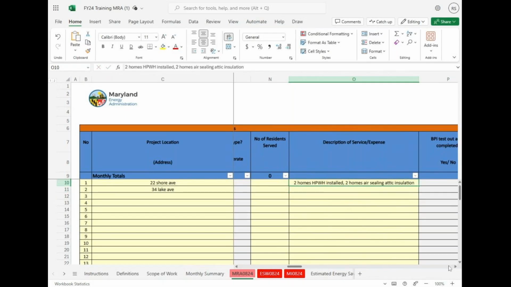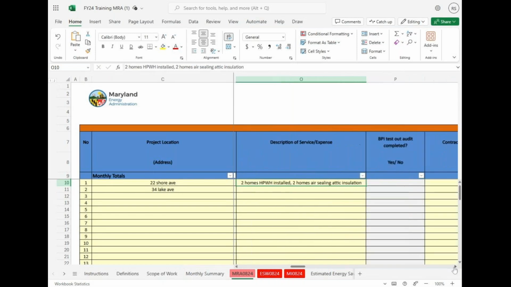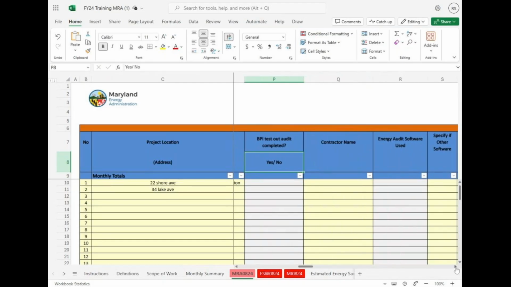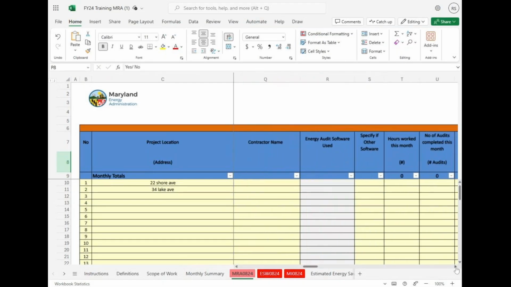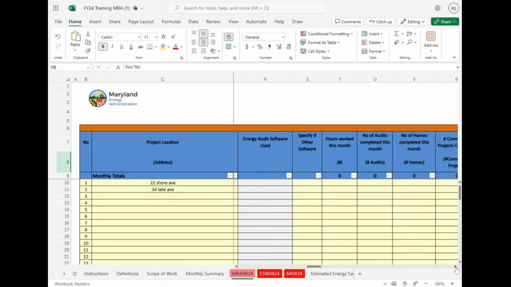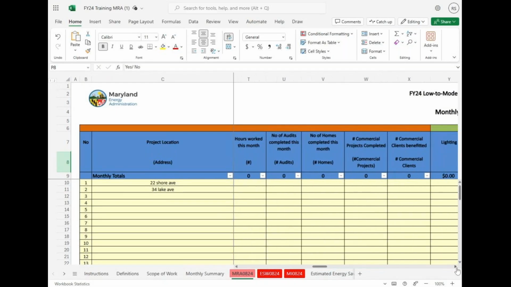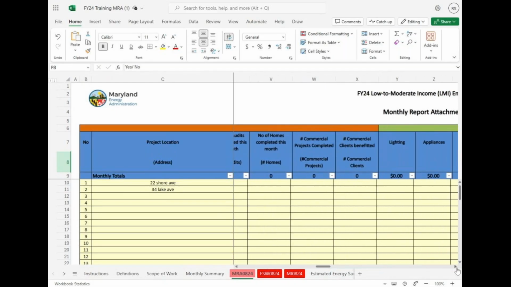This will help us a lot in the future. Okay, and then let us know if you had a BPI test out. That's going to be a yes or no, as you can see right here. Please let us know the contractor's name, the audit software you used, hours worked per month is very important. All of these are very important, honestly. Just please make sure to fill out every single column to the best of your ability.